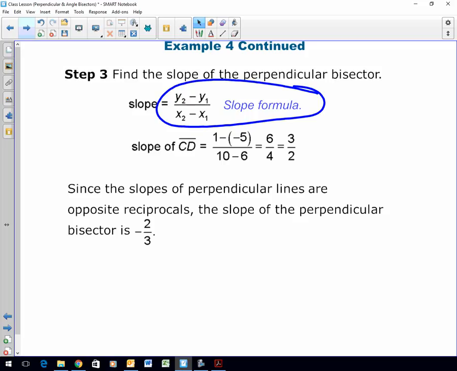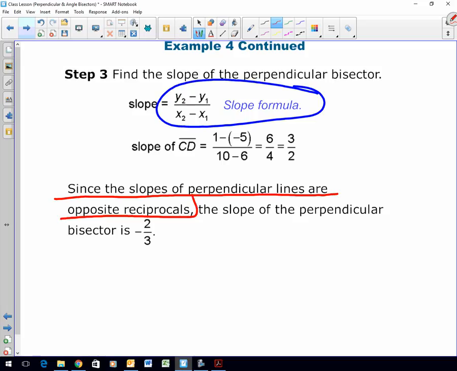When you get to that point, stop and look up here at me, because you're ready for the key point in today's lesson. When you find the slope, to find the perpendicular line, you take the opposite reciprocal of your slope.